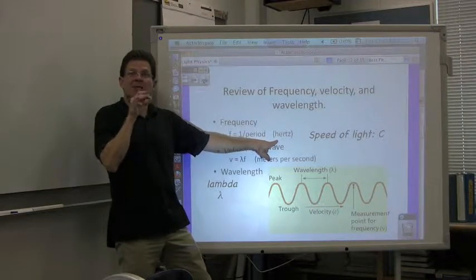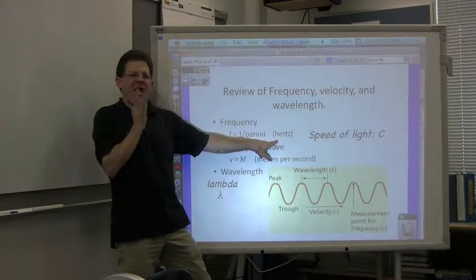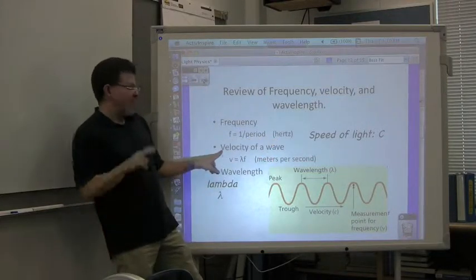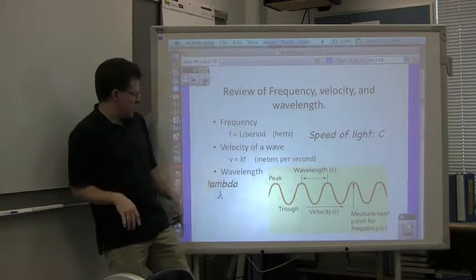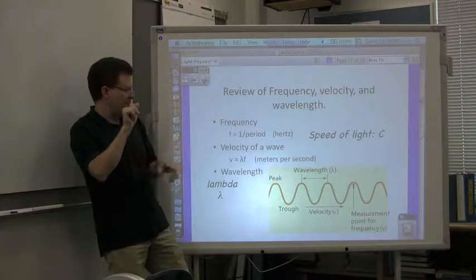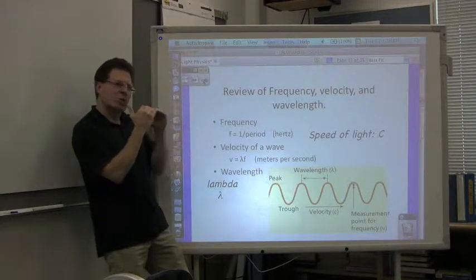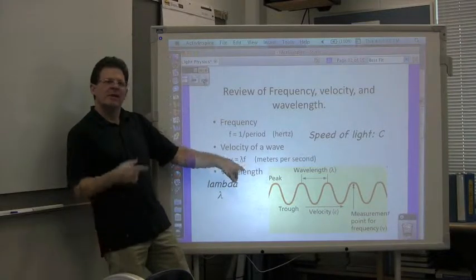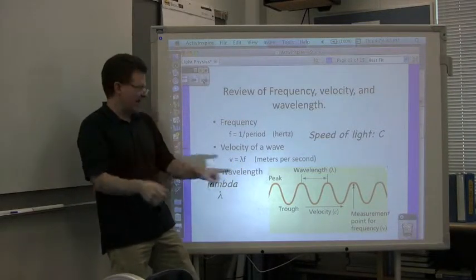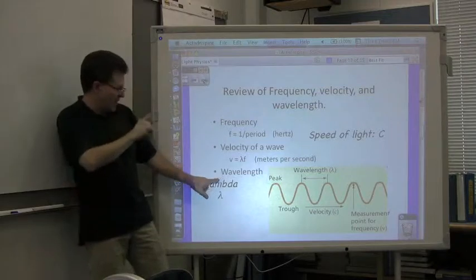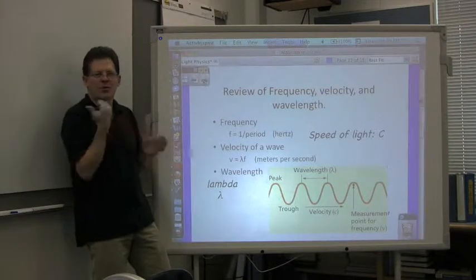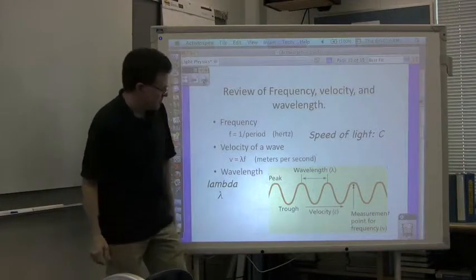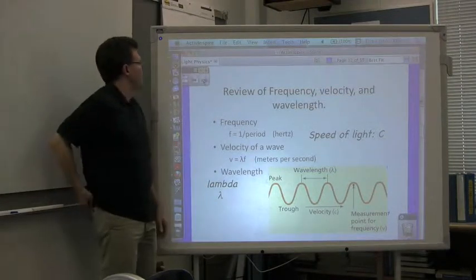And it's true for electromagnetic spectrum, it's always true for the speed of light. At the speed of light, all of them. Velocity, they have a formula. Velocity equals wavelength size times frequency. And they give you an opportunity to see the meters per second. Then wavelength, which is lambda, which we've discussed prior. Lambda, it's a Greek term.